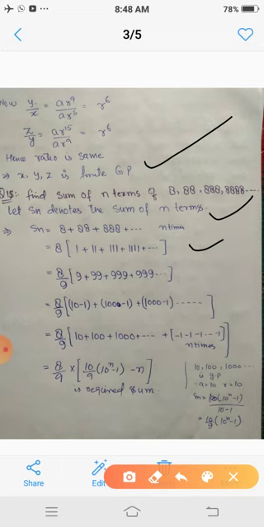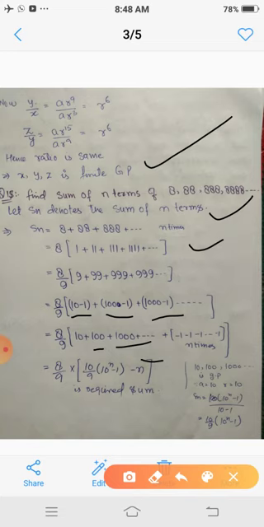Now 9 can be written as 10 minus 1, 99 as 100 minus 1, 999 as 1000 minus 1, and so on up to n terms, which implies 8 by 9 into (10 plus 100 plus 1000 and so on up to n terms, plus minus 1 minus 1 and so on up to n terms). Now this minus 1 up to n terms means minus n.